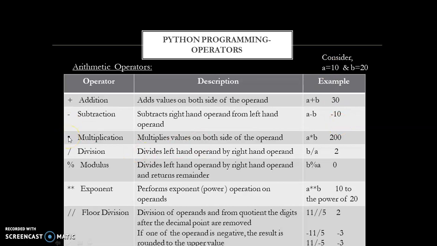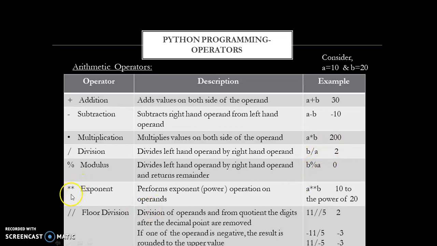Similarly, star performs the multiplication and slash performs the division operation. Whenever you perform the division operation, you will get the quotient value, whereas the modulus operation is also a kind of division, but it returns the remainder. So here it returns the quotient, here it returns the remainder.